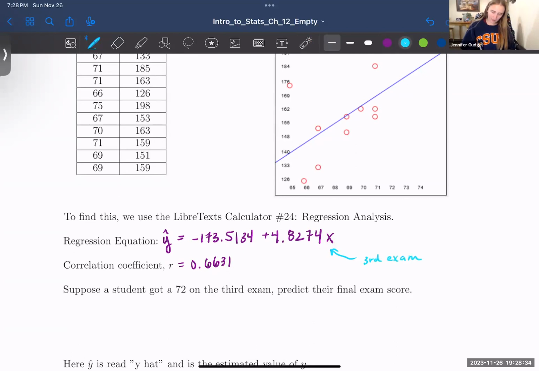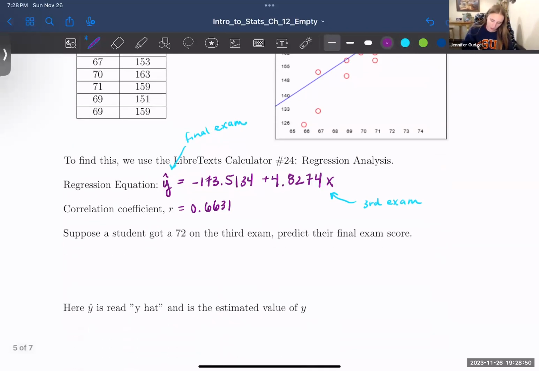The Y is the final exam score. That is the same as the data that you collect and put in. Your calculator creates an equation that has that same input variable and that same output variable.